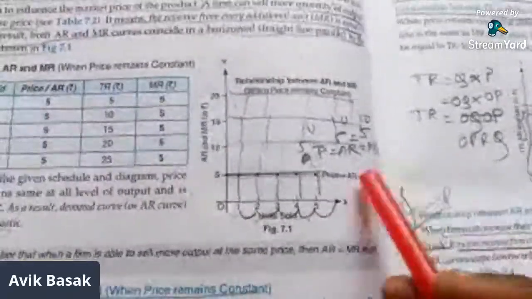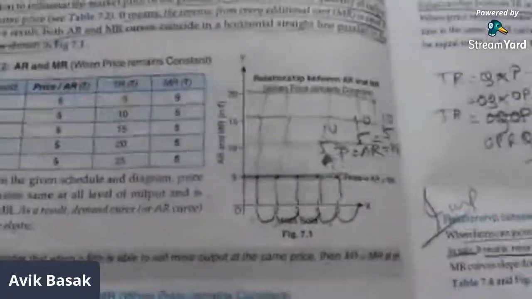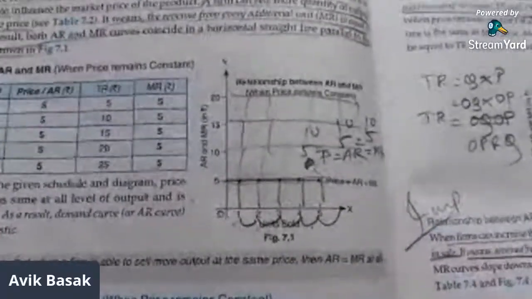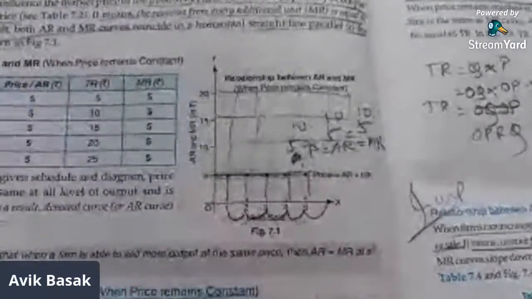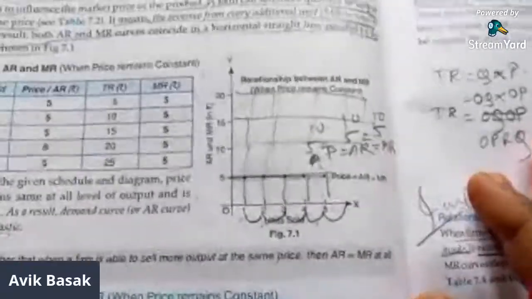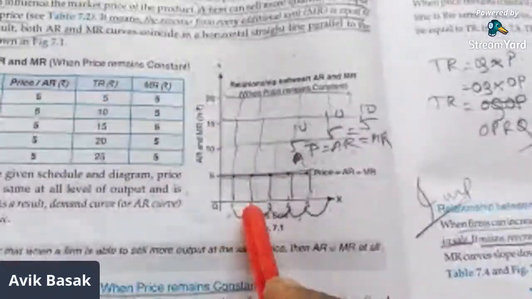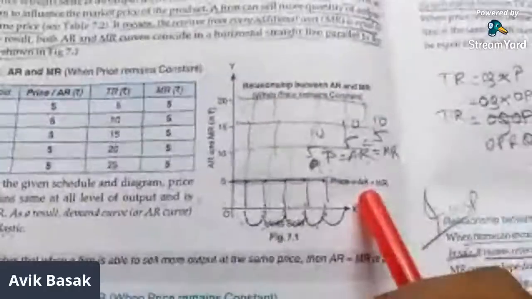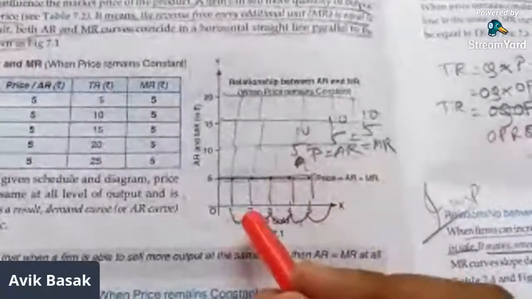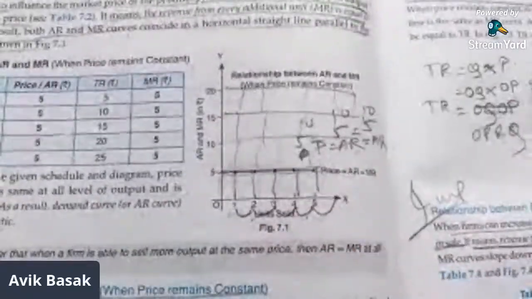Now students, AR, MR I have done. What is the case of TR now? What will be the shape of TR? When I am selling one good, 5 rupees. When I am selling two goods, 5 plus 5, 10. When I am selling three goods, 5 plus 5 plus 5, 15.